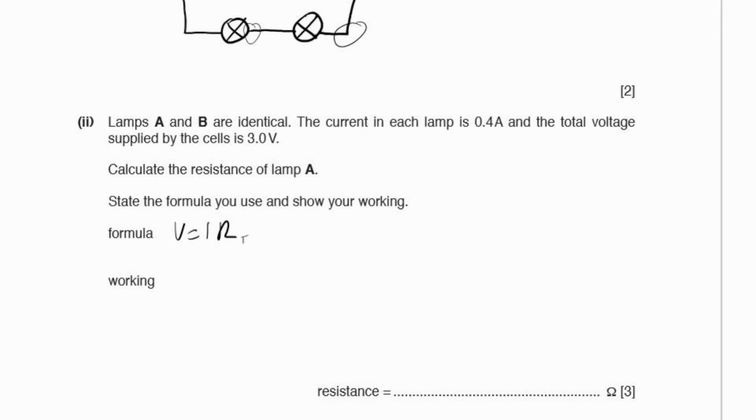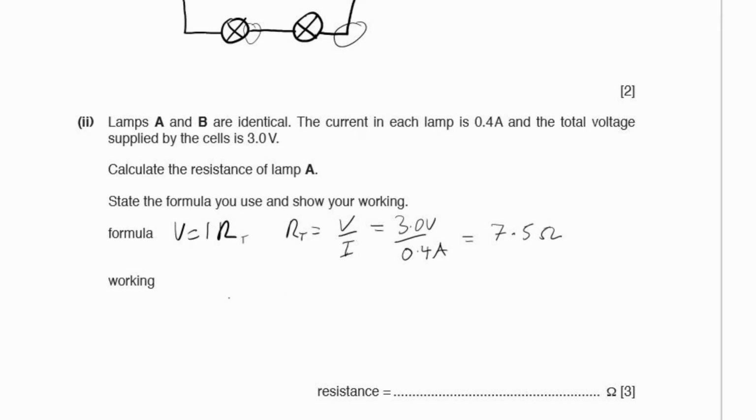So the total resistance is then given by voltage divided by current, which is 3 volts divided by 0.4 amps, which gives me 7.5 ohms.